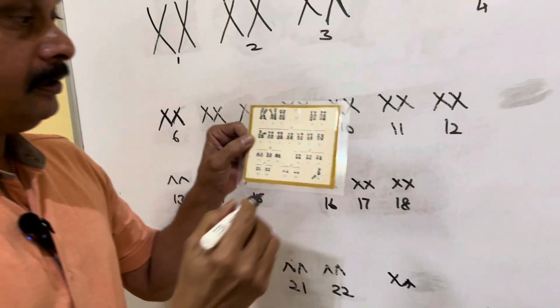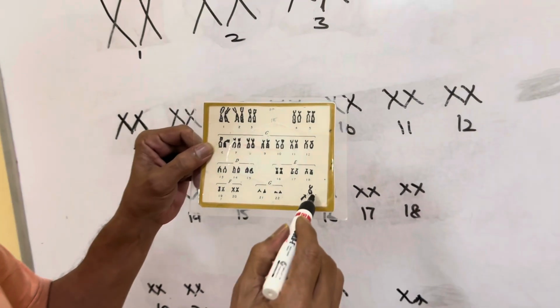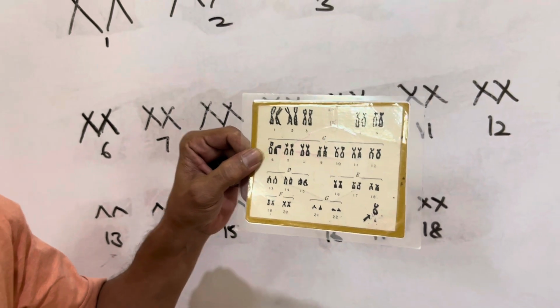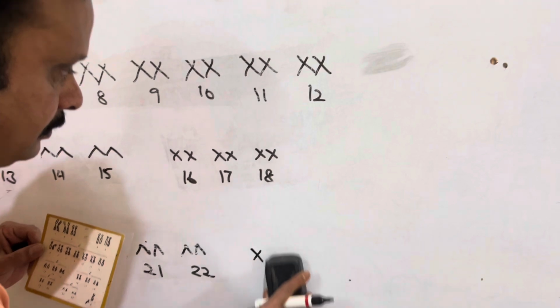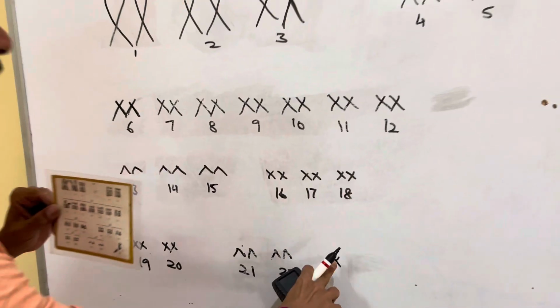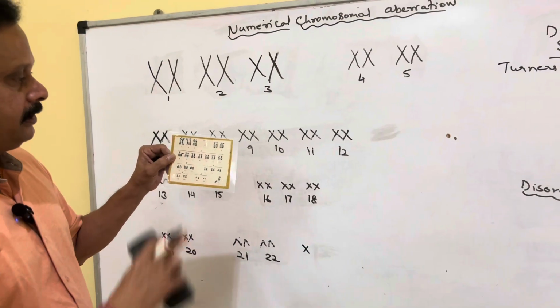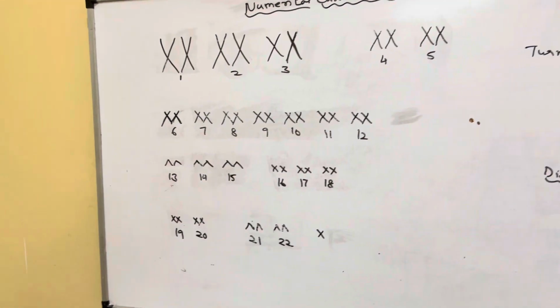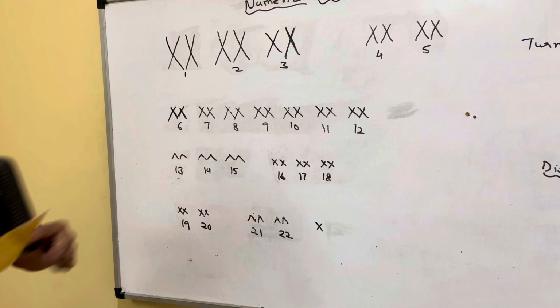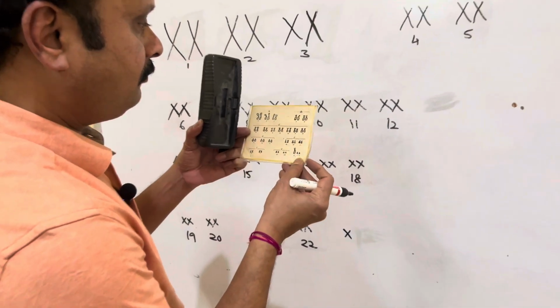It is a female phenotype. There is absence of one X chromosome. To draw it, it has to be like this. So if a chart is like this, only one X chromosome at the end, it has to be Turner syndrome. Similarly, if you see this one, what could be this?